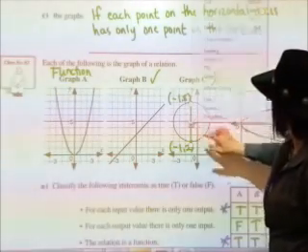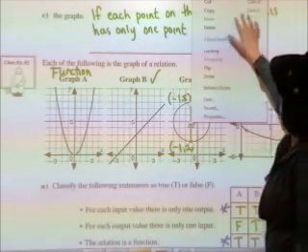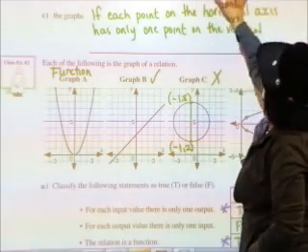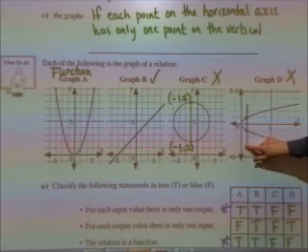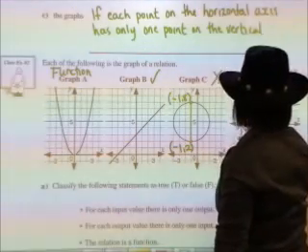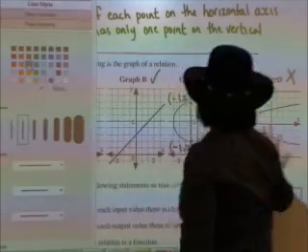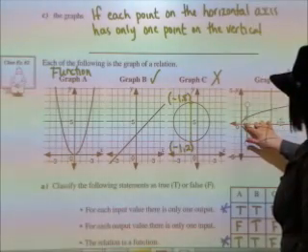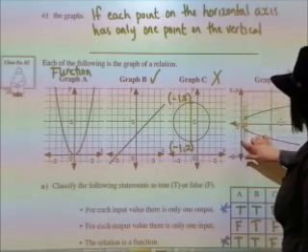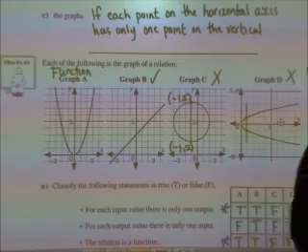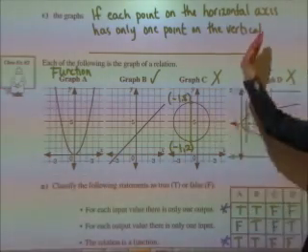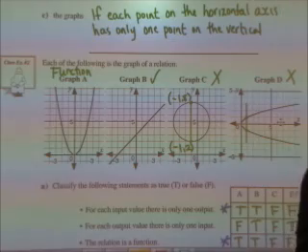So again, if I join these points with a line, we'll do it this way. What kind of a line did I draw? A straight line, and it went vertically. Okay. We call this the vertical line test.